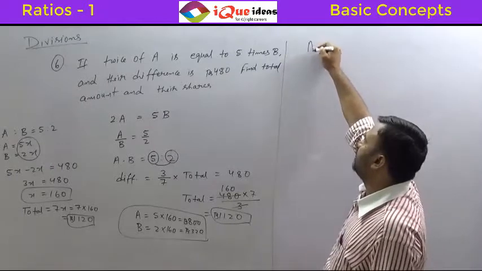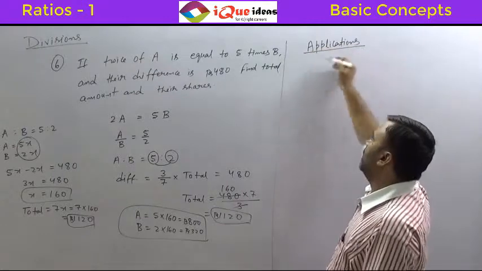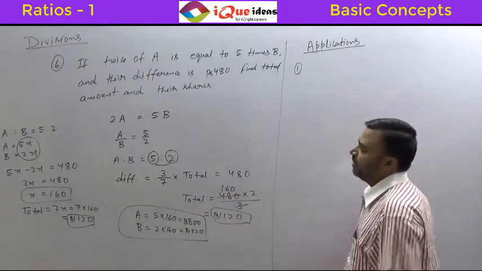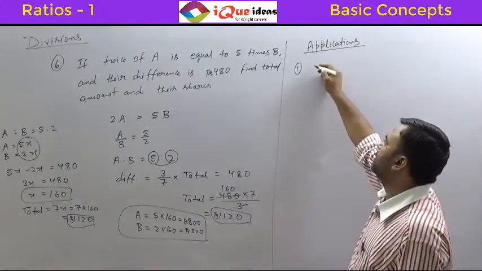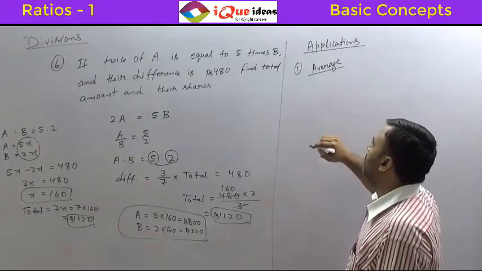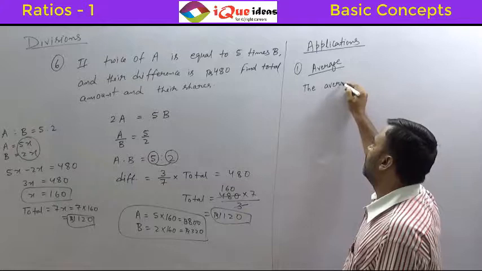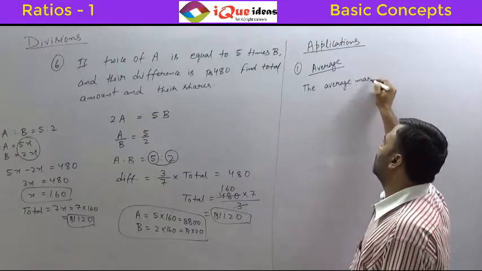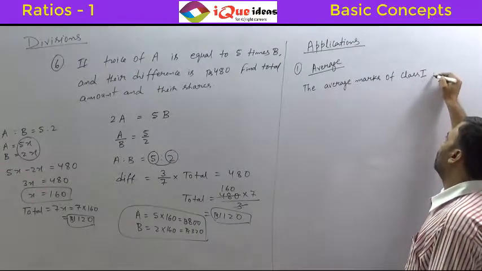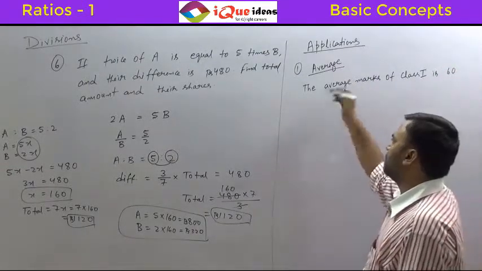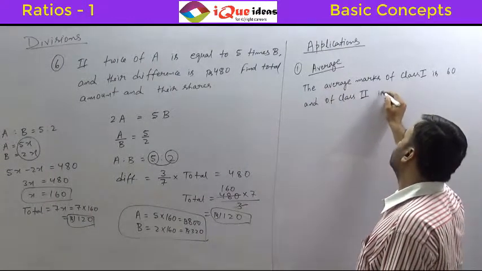Alright. So let's take this. What I'll do, I'll take one example from every topic, okay, and then we'll follow. First is average. I'll take a similar example. The average marks of class 1 is 60 in a particular exam, and of class 2 is 75.